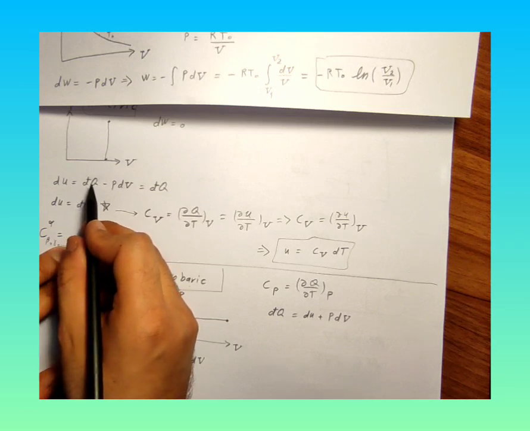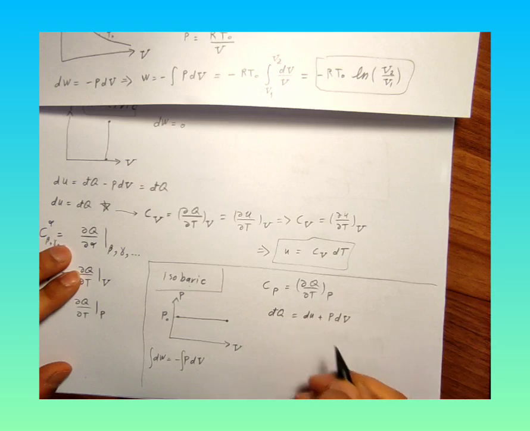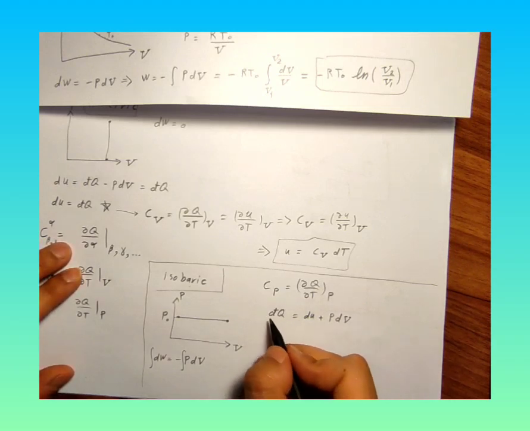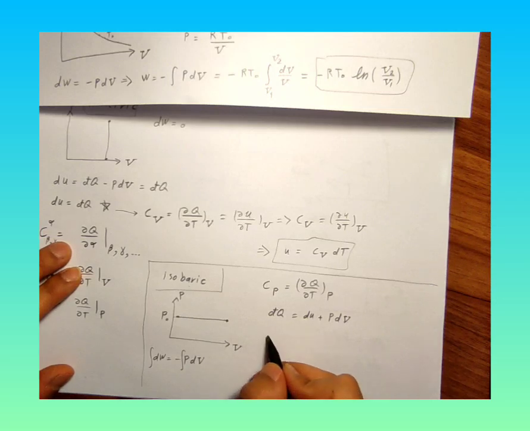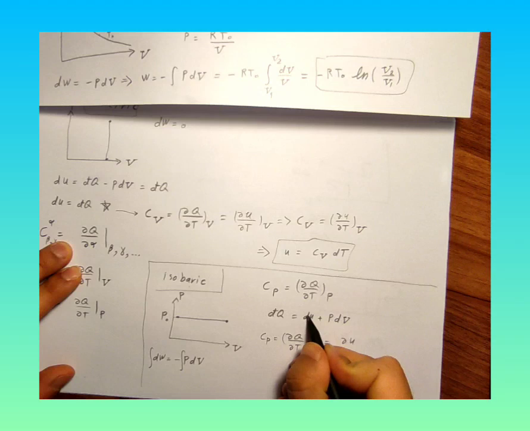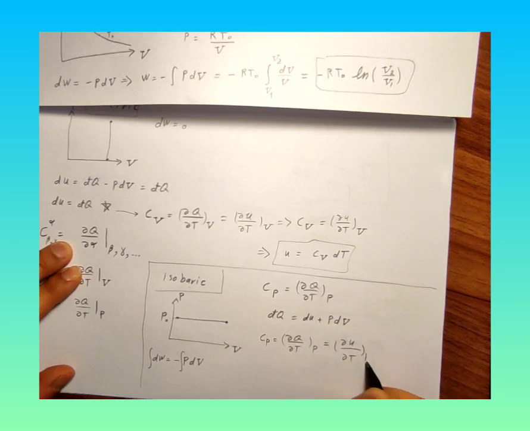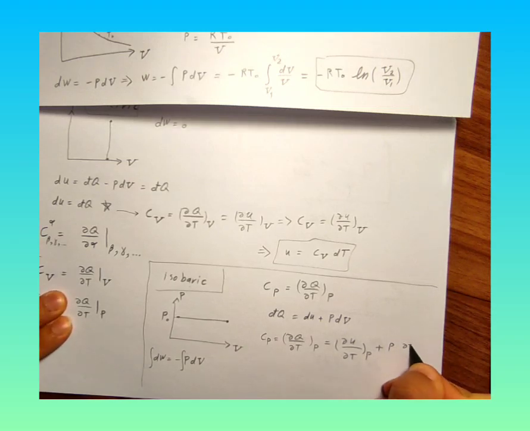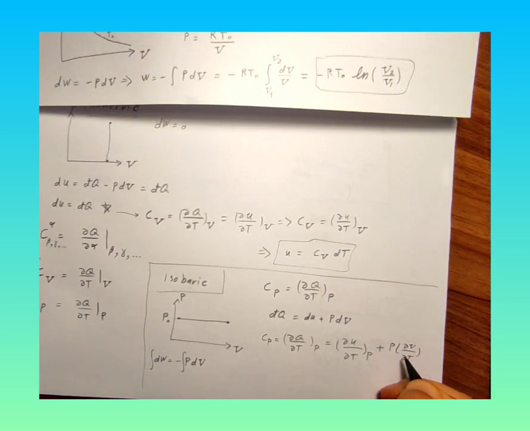If you take a partial derivative on both sides of this relation, Cp, which is ∂Q divided by ∂T at constant pressure, will be ∂U divided by ∂T at constant pressure plus P ∂V divided by ∂T at constant pressure.